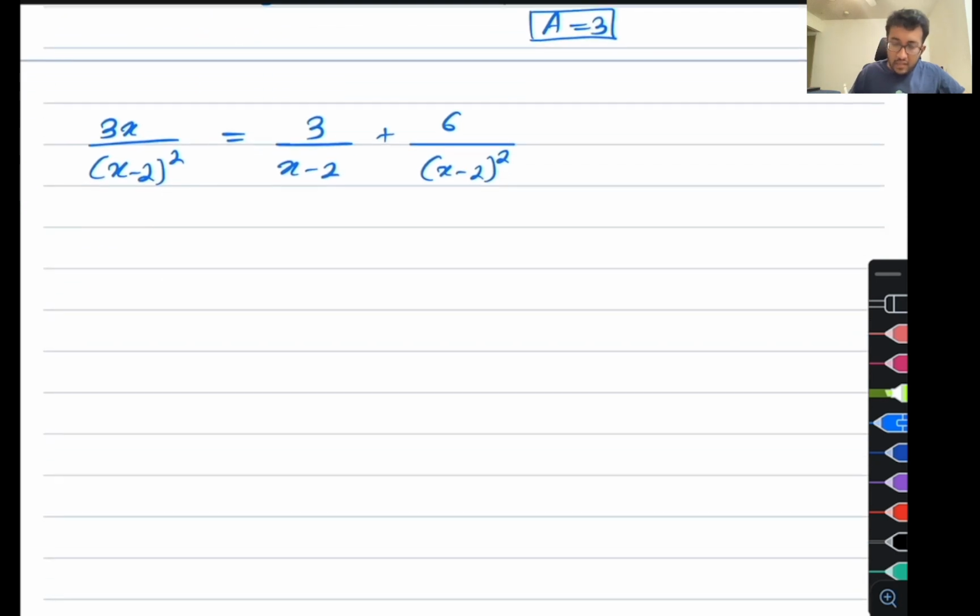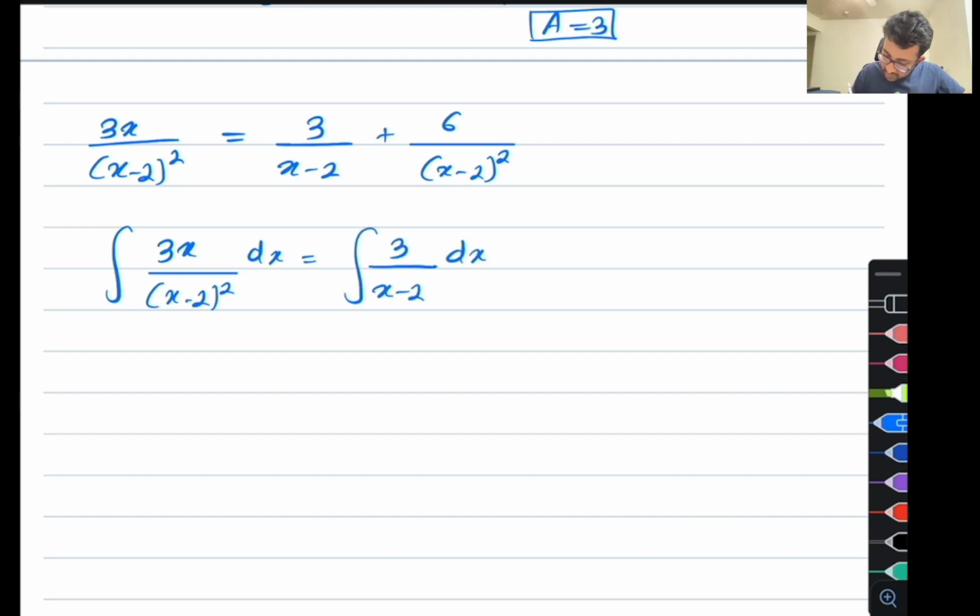Now let's evaluate this function. Now the integral of the left hand side is going to be equal to the integral of the right hand side.